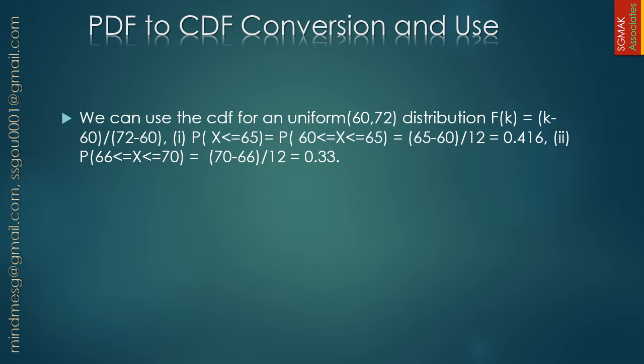So probability x less than or equal to 65 is given by, if you put k equals 65, 0.416, and probability x takes value between 66 and 70 is given by 70 minus 66 divided by 72 minus 60, which is 0.33.